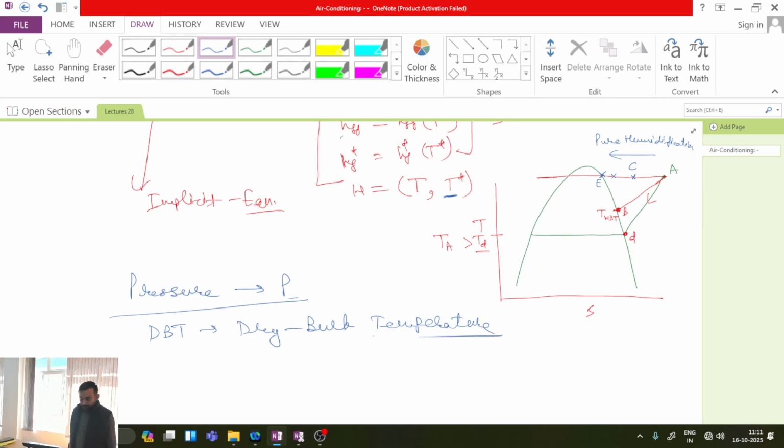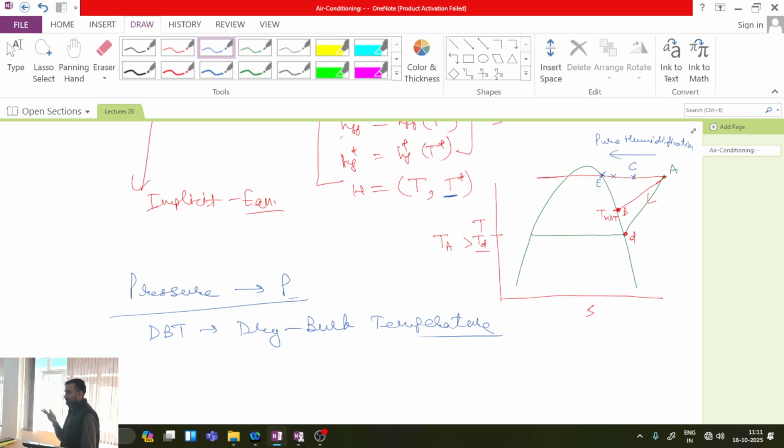Now what do you think the third property is which I can easily measure experimentally? If I have to measure dew point temperature, what do I need to do? I need to put a cooling coil over here. Then I need to maintain the cooling coil at different temperatures. Then I need to understand at what temperature first dew formation starts from the air.